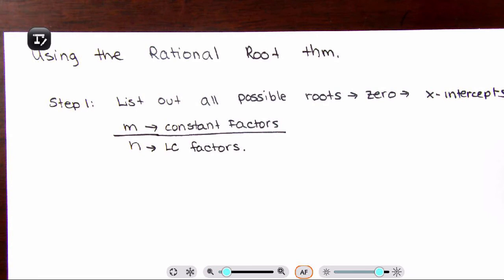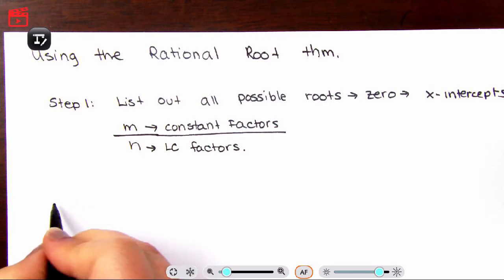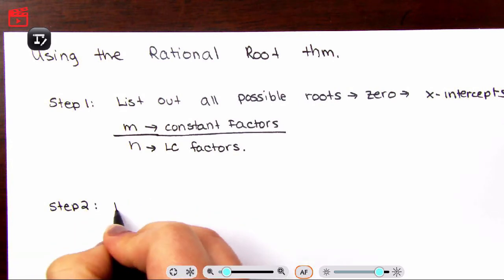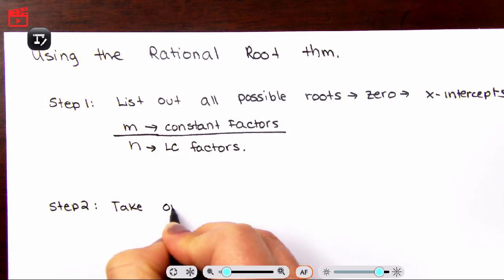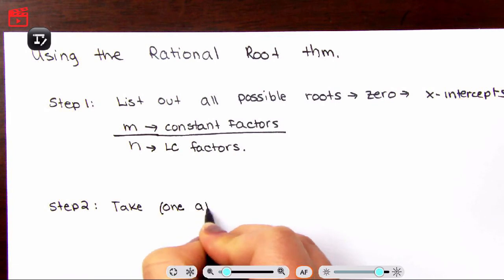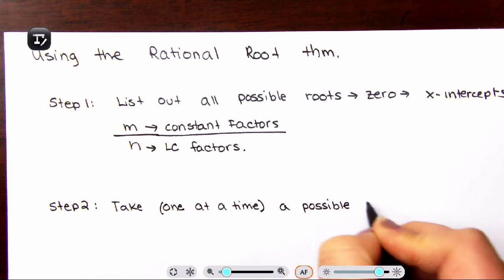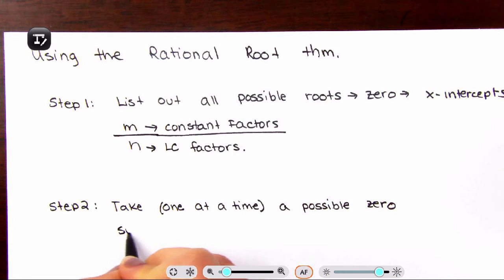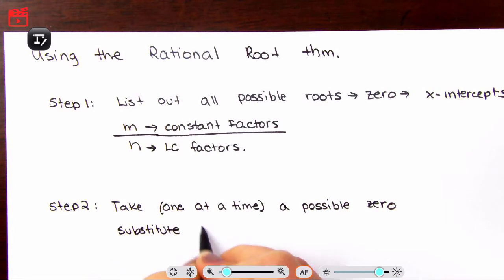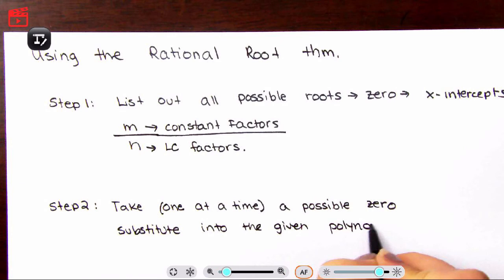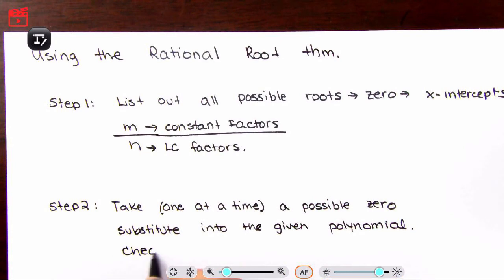So once you have all of your possible roots, all of your possible zeros, step number 2 is take one, again, at a time, a possible 0, substitute into the given equation, check if it simplifies to 0.